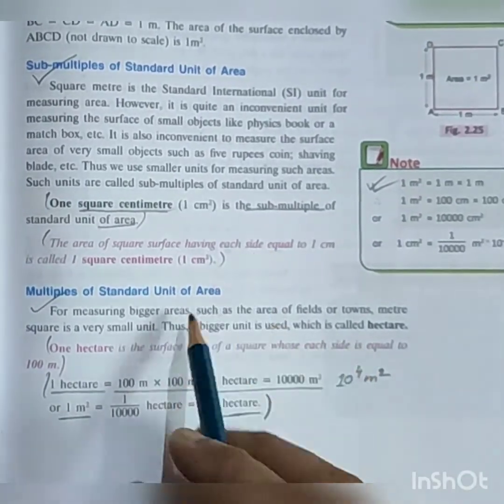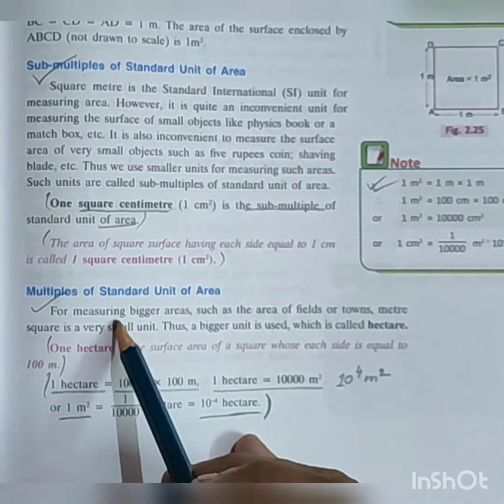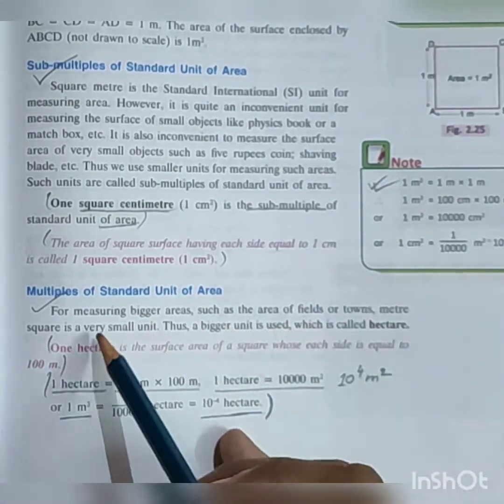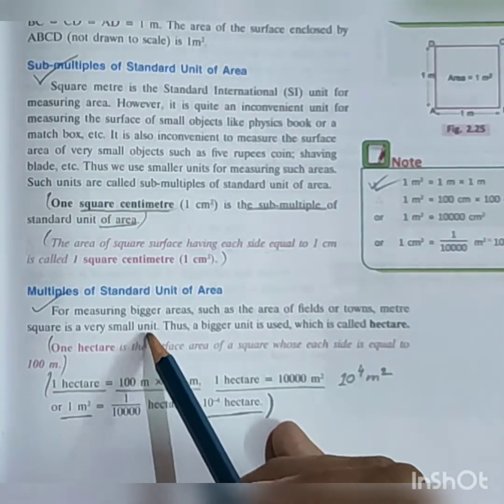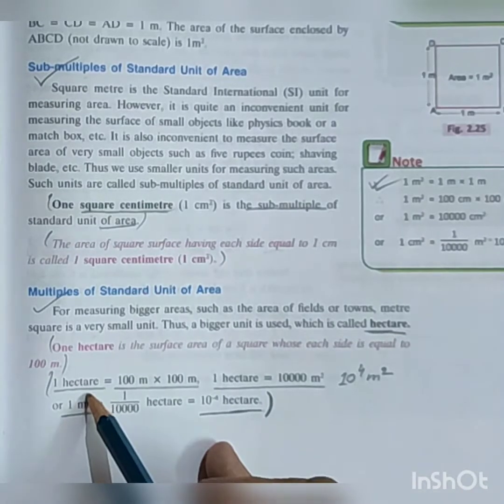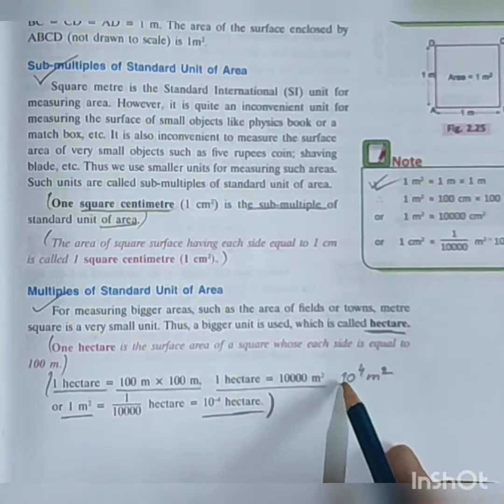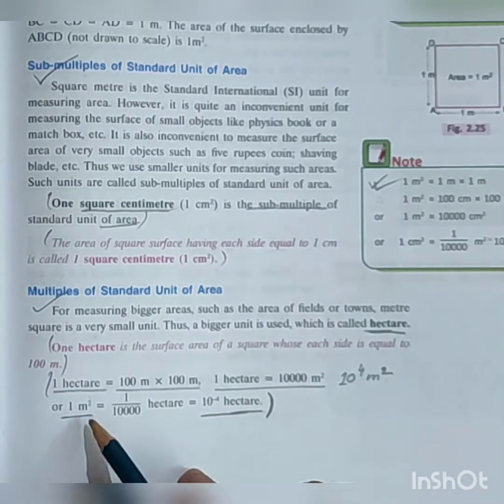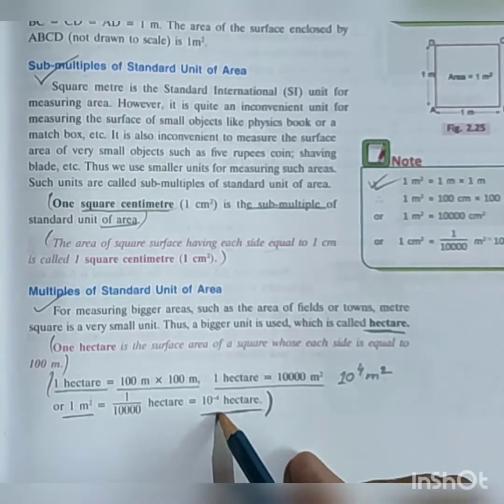And for multiple units, for measuring bigger areas such as the area of a field or town, meter square is small. So in this case we will use hectare. 1 hectare equals 10 to the power 4 meter square, or reversely, 1 meter square equals 10 to the power minus 4 hectares.